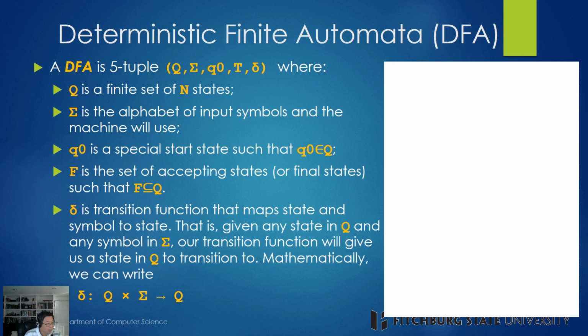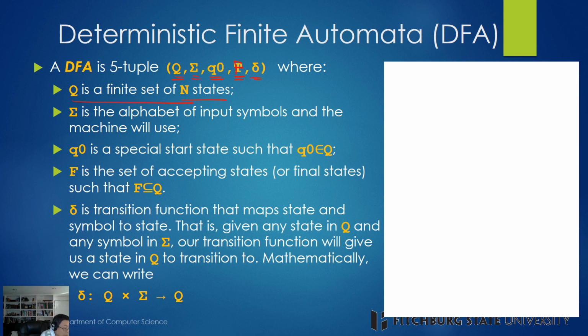Let's talk about deterministic finite automata, DFA. By definition, a DFA is a 5-tuple: Q, sigma, Q0, F, and delta. Q is the finite set of n states, the same as the general definition for finite automata.